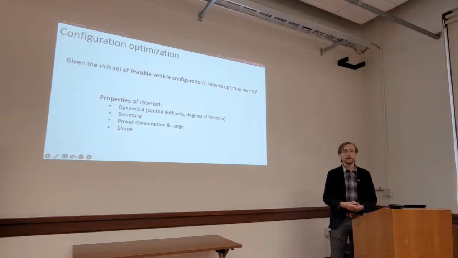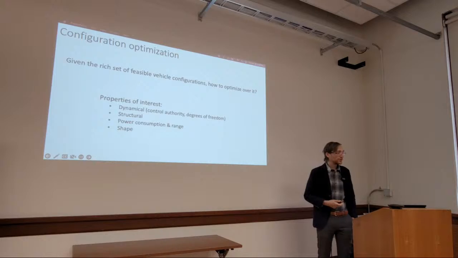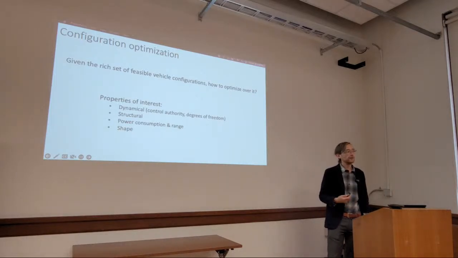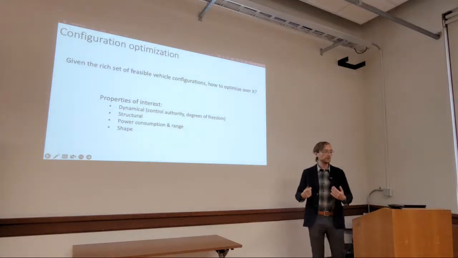And I mentioned the fact that we may want modular vehicles so that we can adapt the number of modules to reach a specific disk loading, or to lift a certain payload. So the question is, how do we actually optimize over the space of configurations given a task? So let's say lift a certain weight.